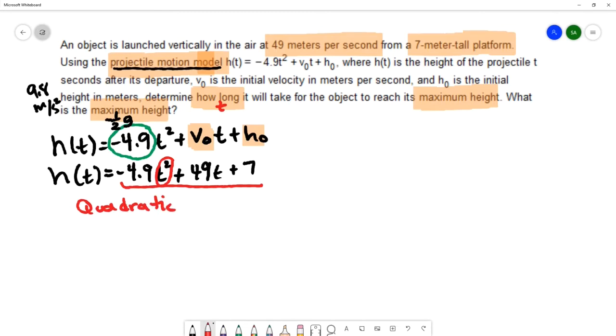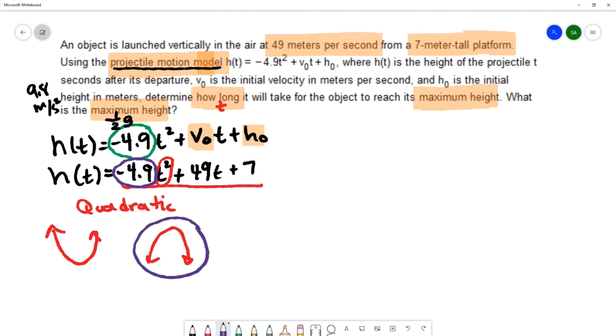The graphs of quadratic functions are either parabolas that face up or parabolas that face down. In this example, we have a leading coefficient that is negative 4.9. Whenever that leading coefficient is negative, we know that we have a parabola that faces down. Once again, this question is asking for maximum height, and that maximum height is going to occur at the vertex.